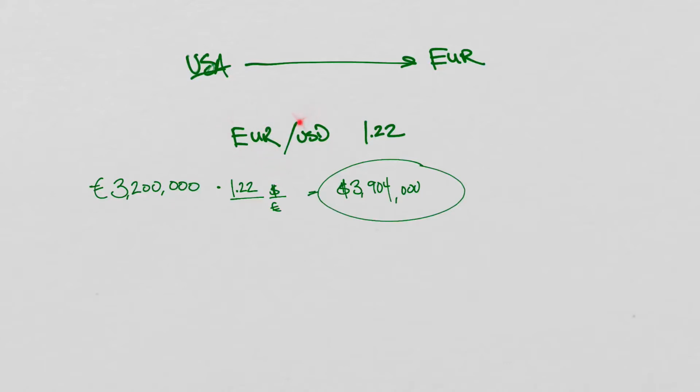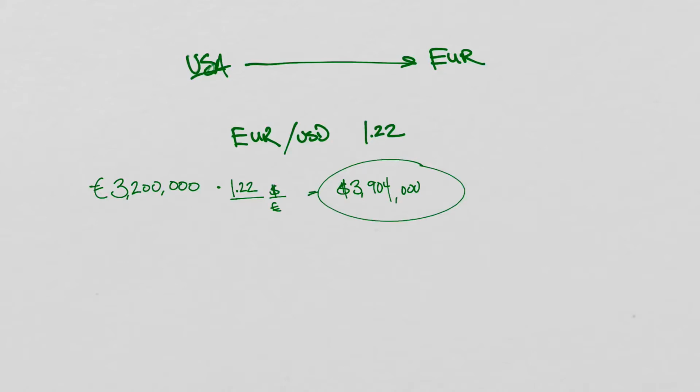Euros to dollars is going to be 1 euro buys more USD. So if I got 3.2 million euros, I'm going to have more in terms of USD, in terms of the number size. So I know, just logically, that I've got to multiply this 1.22 number by the euros to get how much that's going to be in US dollars.